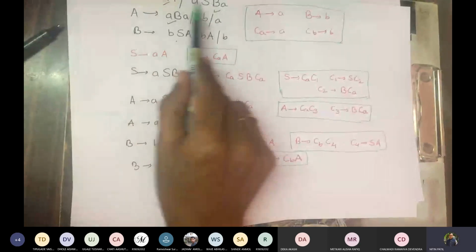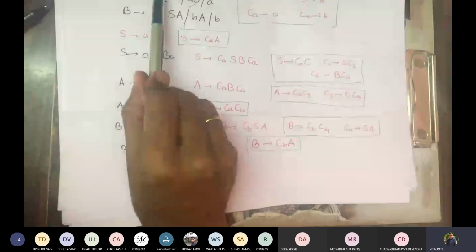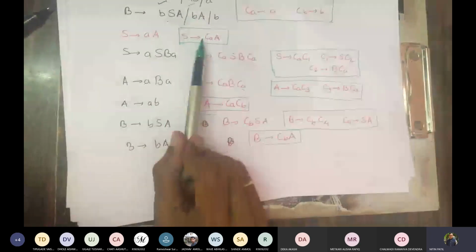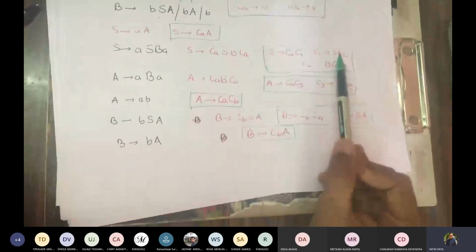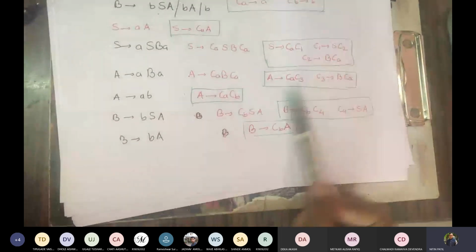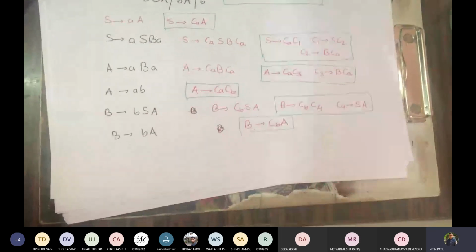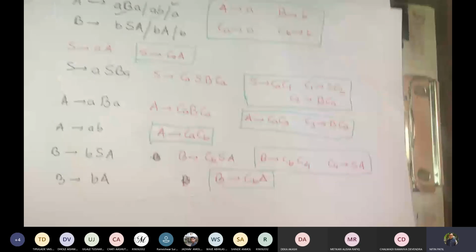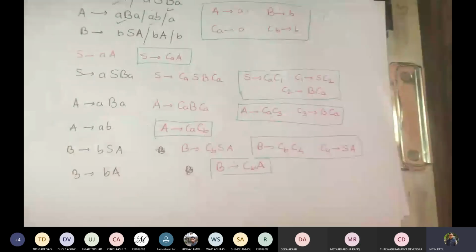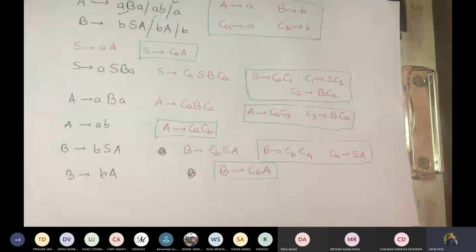Okay, so now these 6 resulted to few more productions. Actually, this is called as simplification. Even further simplification. Understood?